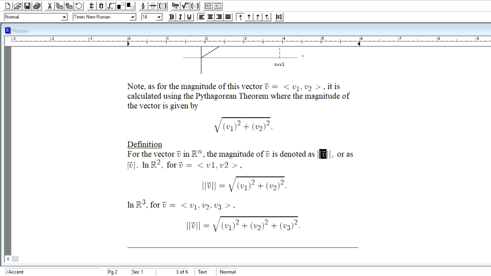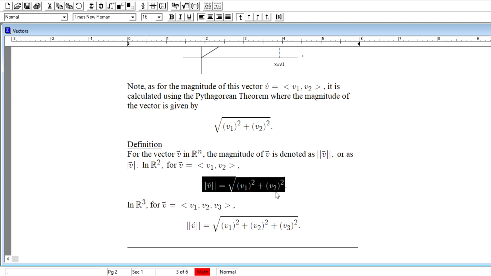All right, sorry folks, I'm back here. Again, in terms of the magnitude, it does have its notation. If we consider the couple of cases in which we're going to calculate magnitude, that would be 2 and 3 dimensional space. For a component vector presented in 2 dimensions, as we had noted above, the magnitude is just the square root of the sum of the components squared.